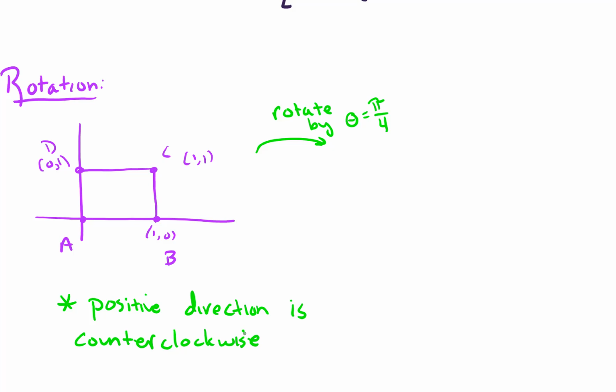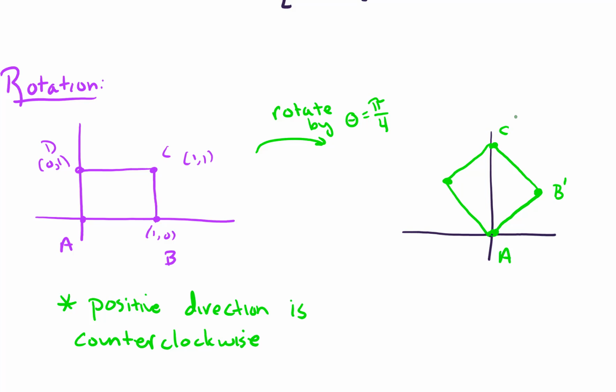Okay, so if we draw what the rotated figure would look like, our square, if we pick this up and rotate it by 45 degrees or pi over 4 radians, it would look something like the following. Let's put this in a different color. We'll still have side length 1 on each of our sides of the square, but the figure will be rotated. So there's A, there's B prime, there's C prime, and there's D prime.